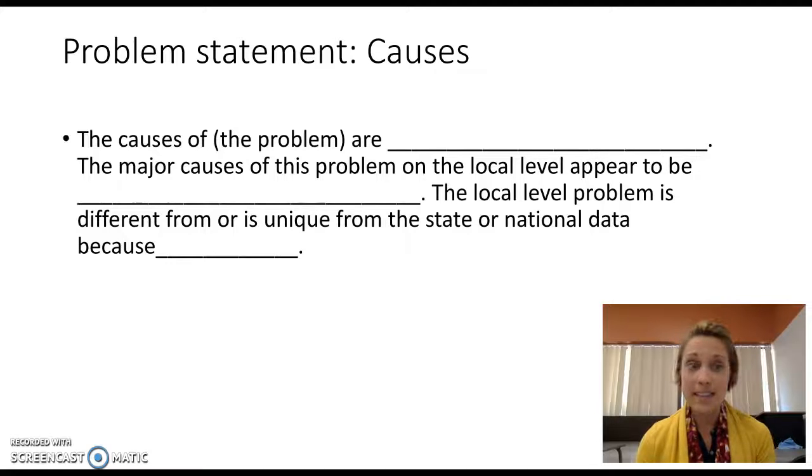And I might say something like, the major cause of childhood obesity in Holyoke is food insecurity and hunger and the food desert of the city, and that is why that local level problem is different or is unique from the state or national data, because of the way the city is set up and the socioeconomic status of the citizens that are in that city.